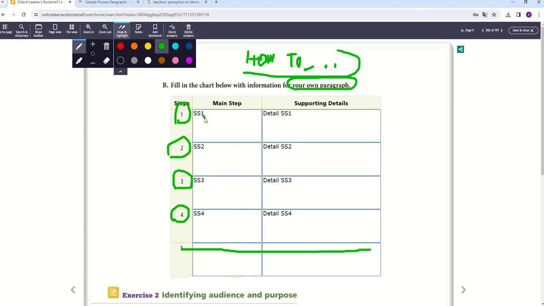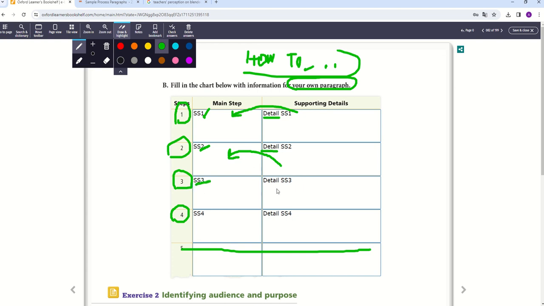Step 1, and you need to put a detail which connects or relates to the main step. Next one, step 2, and a detail again which is relevant to main step number 2.